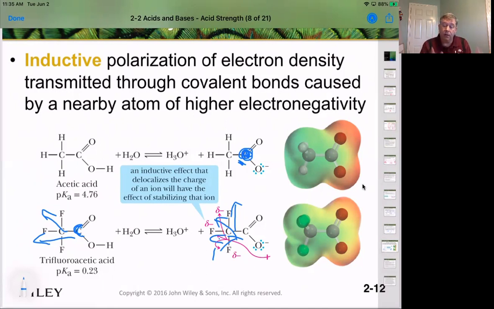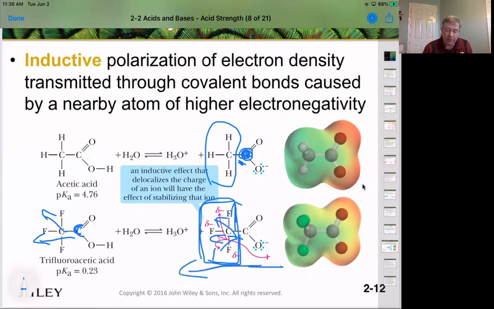And that means the closer those electronegative atoms are to that species, the more it will affect the acidity. So if that's true, that means that the carboxylic acid here with 3 hydrogens on it is going to be less acidic than the one with these 3 fluorines on it. This is going to be more acidic because it's pulling more of the electron density away from this anion.